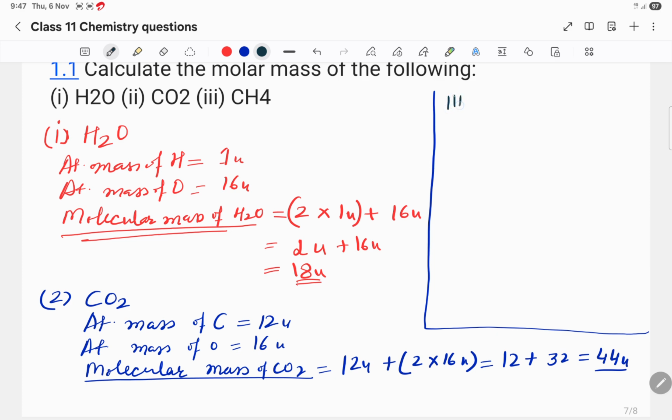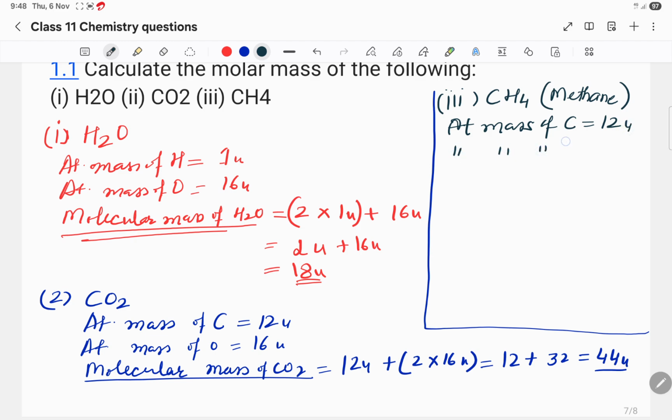The third one is molecular mass of CH4. This is also known as methane or marsh gas. Okay, so once again, atomic mass of carbon is 12 unit, atomic mass of hydrogen is 1 unit.